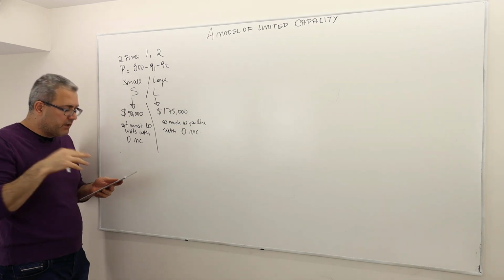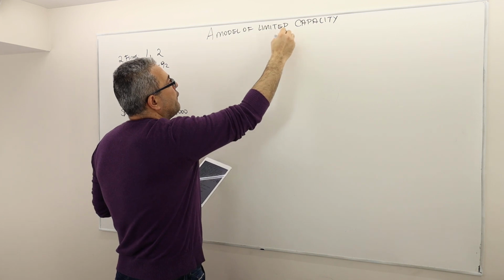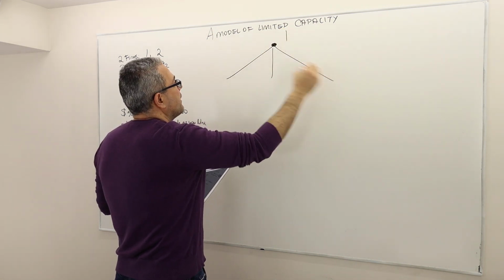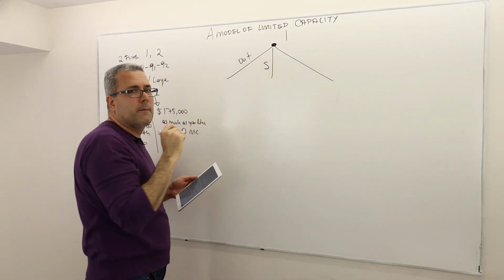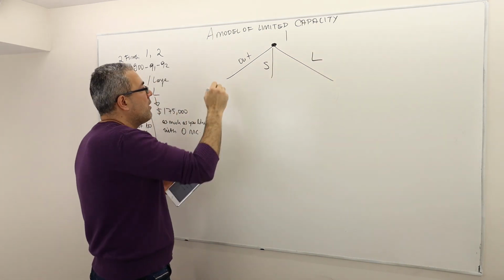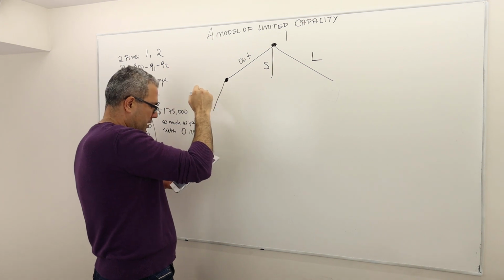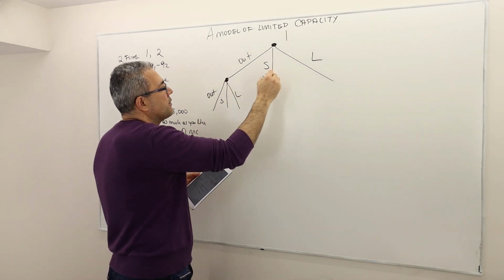Here is the structure of the game. Firm 1 decides among three things: you can stay out, you can invest in a small facility, or a large facility. Then firm 2 observes your move. It chooses out, small facility or large.